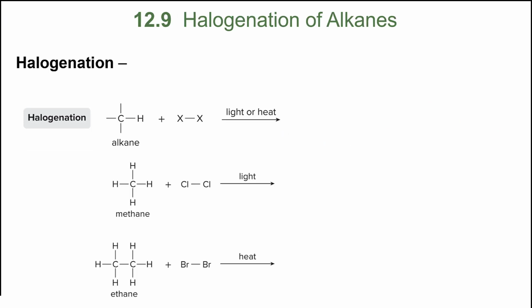One other reaction that we can do with alkanes is halogenation. And here an alkane reacts with chlorine or bromine to form an alkyl halide.